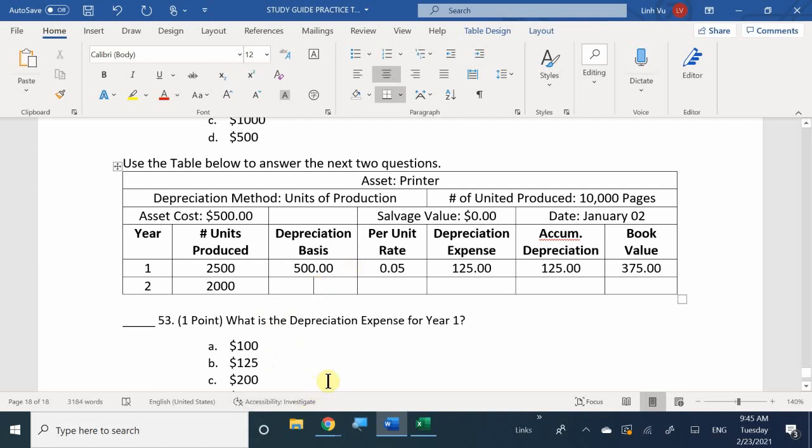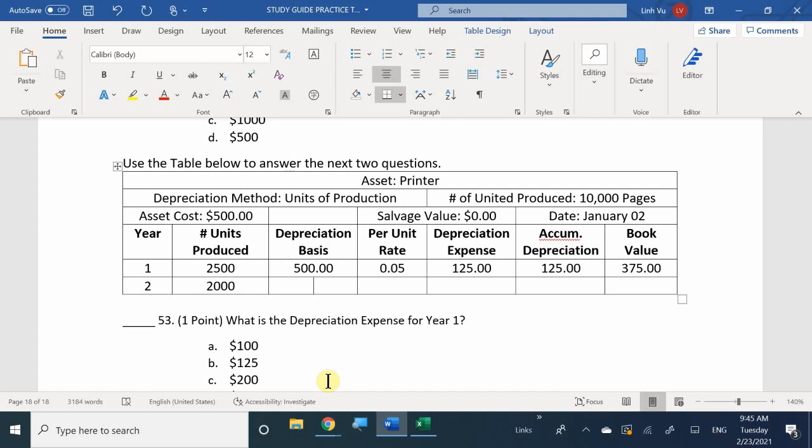So what is going to be my depreciation basis for year 2? Your depreciation basis for units of production will still remain as just your asset minus salvage value.